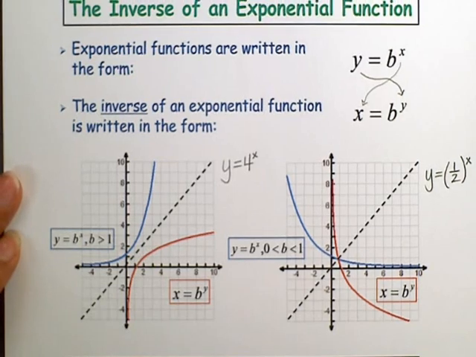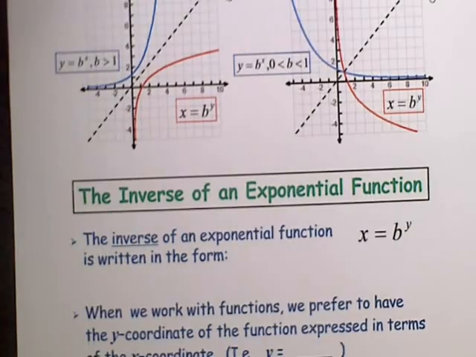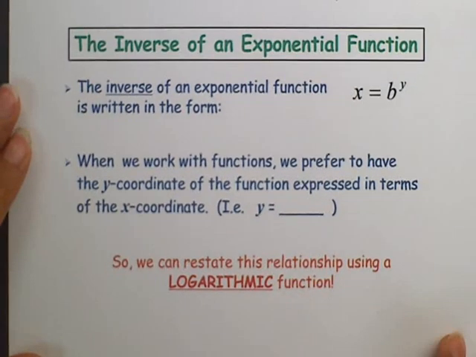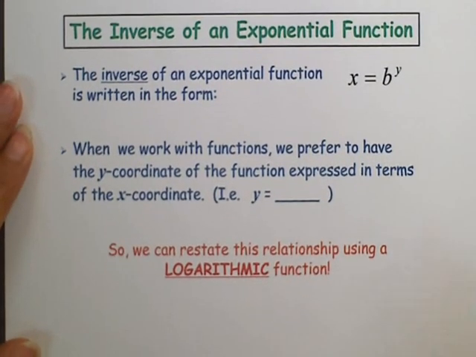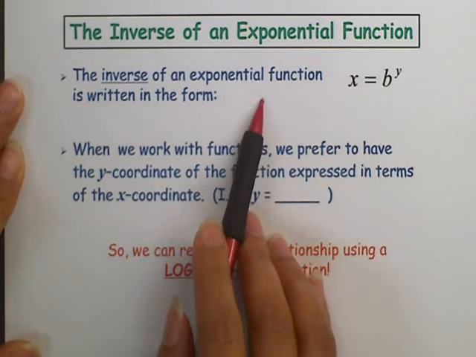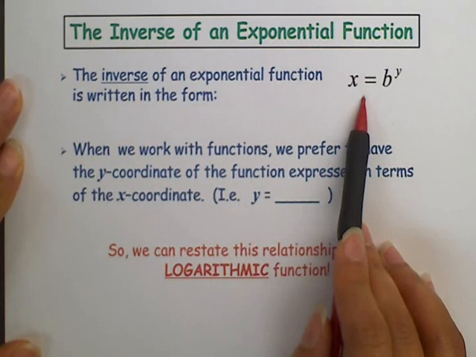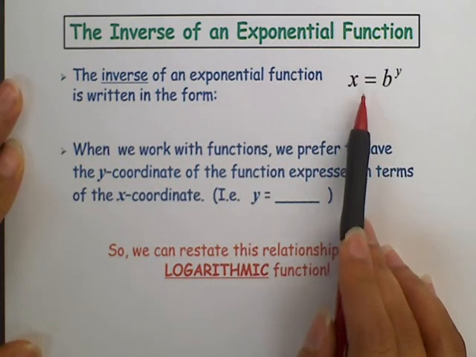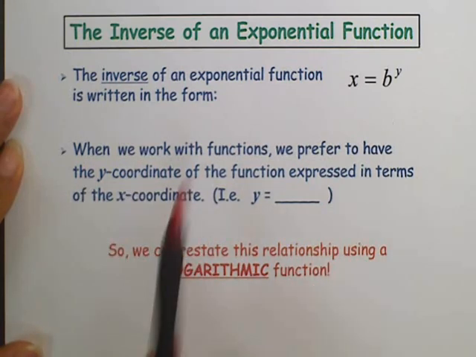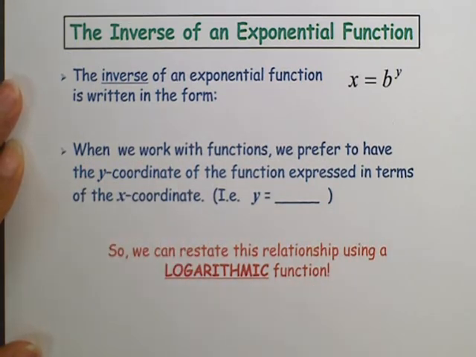The inverse of an exponential function is x equals b to the exponent y. This is what it looks like when you're looking at the inverse of an exponential function. Normally when we're looking at any function, we like to have it as y equals something. So when we work with functions, we prefer to have the y coordinate of the function expressed in terms of the x coordinate.